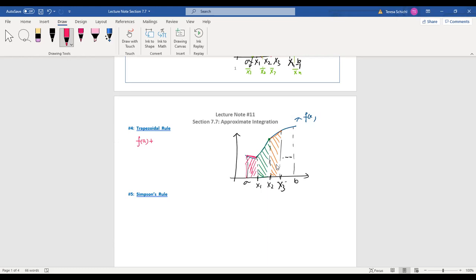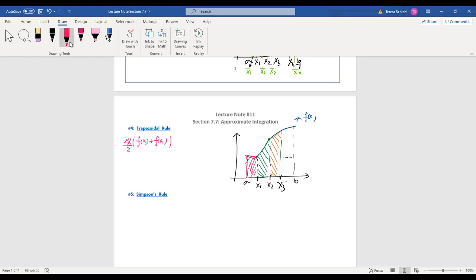So base 1 plus base 2 times the height. What is the height here? The height is delta x, divided by 2.